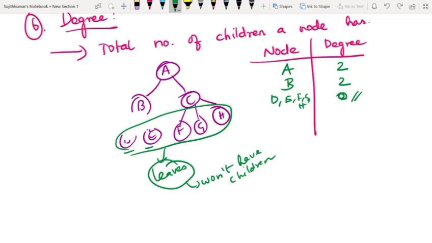A leaf is something which has degree 0. Super. And node C has three children, right? F, G, H. So the degree of C is 3. The node with the highest degree is C here, right? So that's how degree works. I hope you understood this.